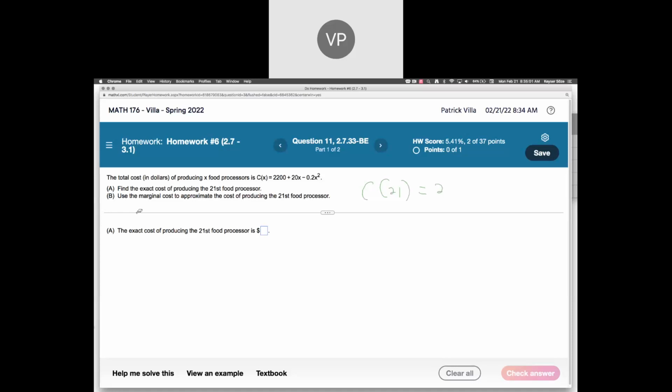I get C of 21 is 2200 plus 20 times 21 minus 0.2 times 21 squared. Okay, so clean this up and do not feel you have to do all this work at once. Take your time, plug this into a calculator.